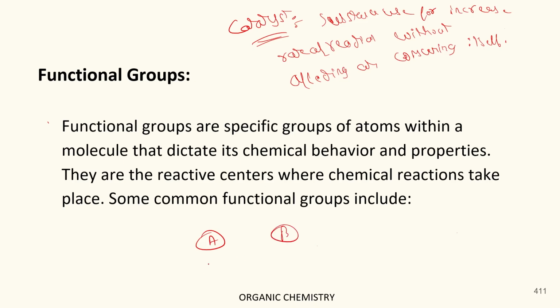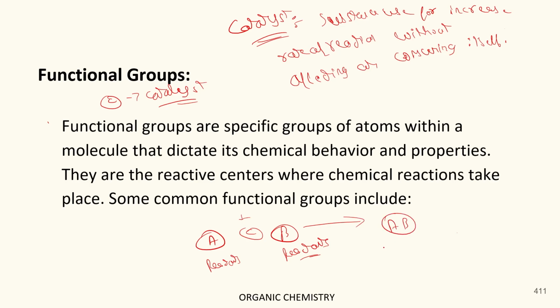unaffected by the reaction. For example, here A and B are reactants, but C is a catalyst. Okay, and you want both A and B to get reacted, but their rate of reaction is slow. So you just need to put C inside their reaction.